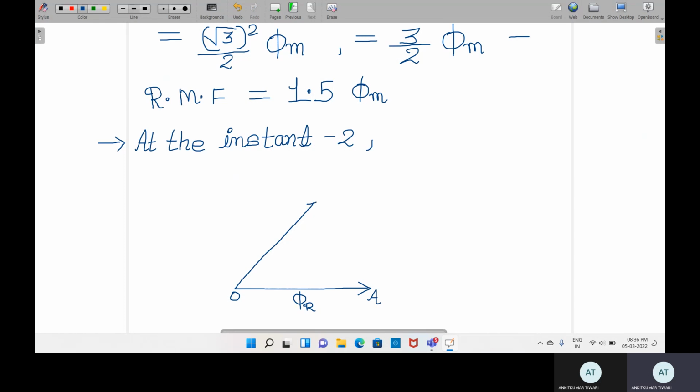This is our phi y vector, considered as OB.